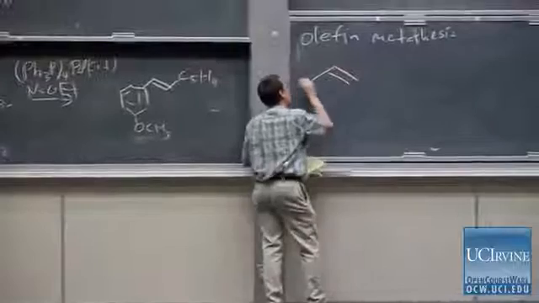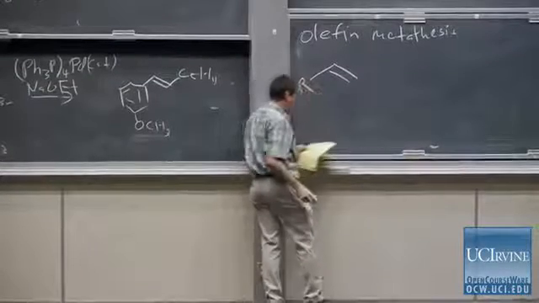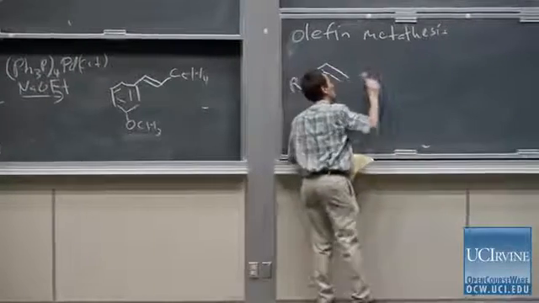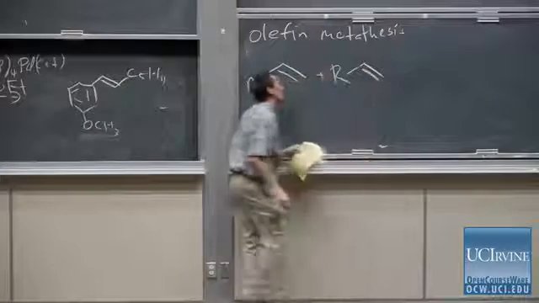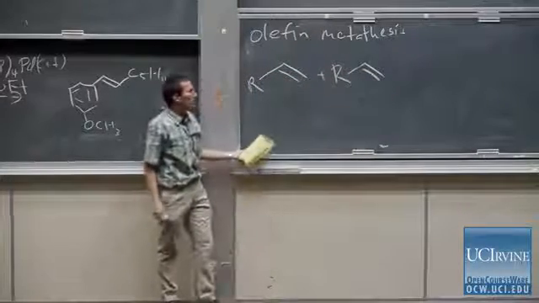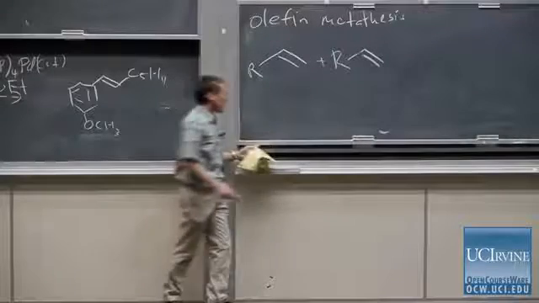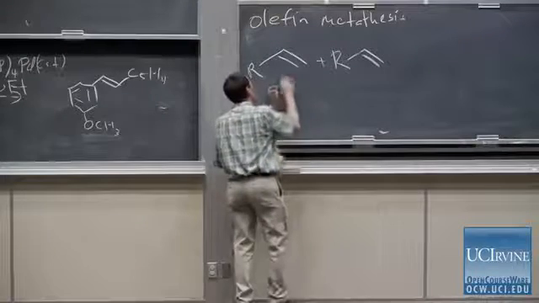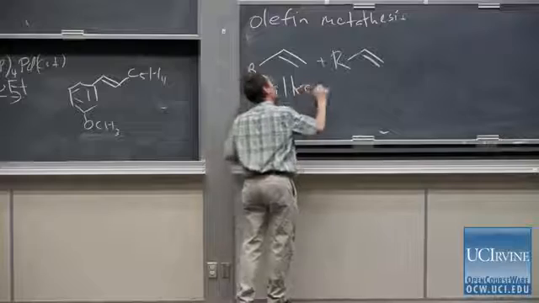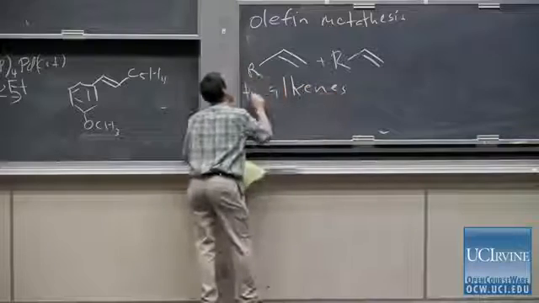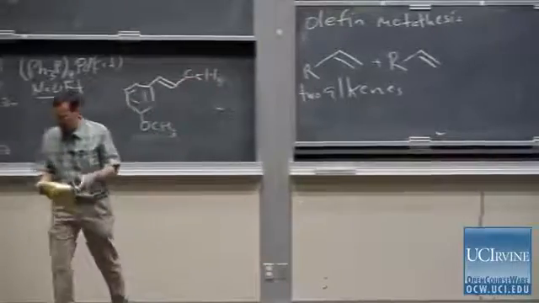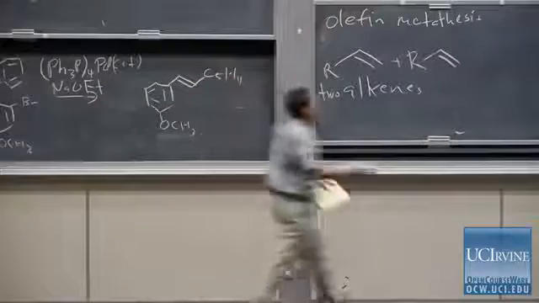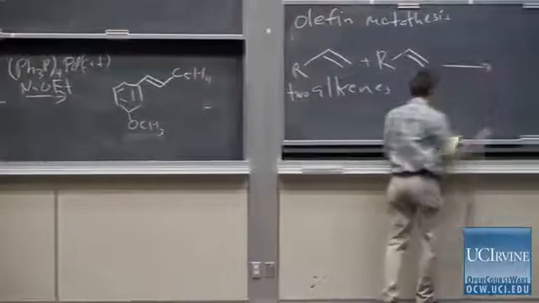The gist of the chemistry, I'll write it in semi-general terms, but not fully general terms because there are so many variations: the gist of the chemistry is that we have two alkenes, the same or different depending on some subtle issues, and a ruthenium catalyst.